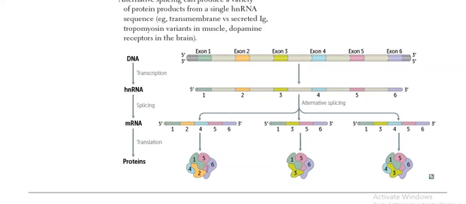In the first mRNA, the third exon is missing, and in the second mature mRNA, the second and fourth exons are missing.